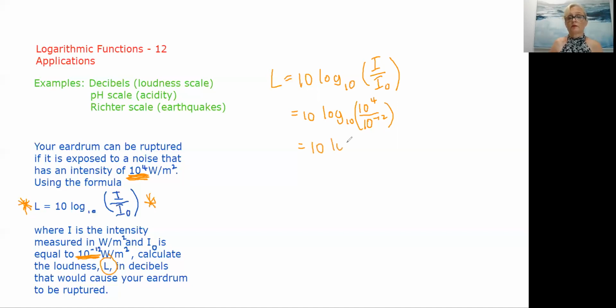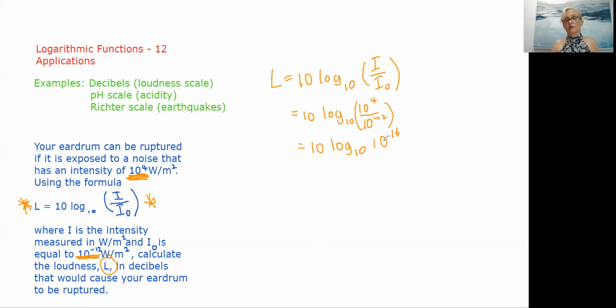So for starters, 10 to the 4 divided by 10 to the negative 12, if you're dividing powers, you're going to subtract the indices. 4 minus negative 12 is 4 plus 12, which of course is 16.